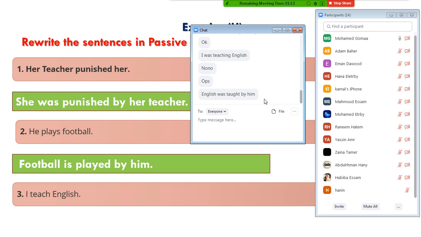Look at the tense. He's wrong when he said was taught. Yes, that's right. Why? Because I teach is present, and he used it here as a past. So the correct answer is what?